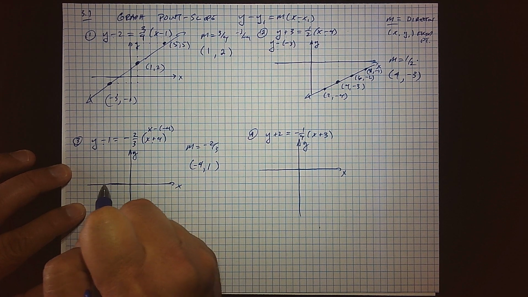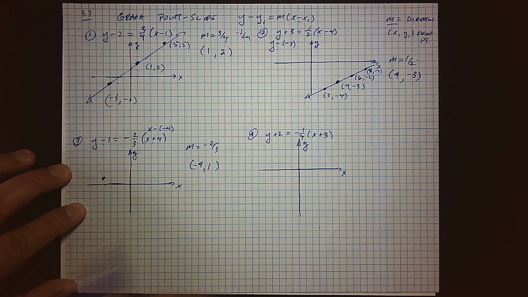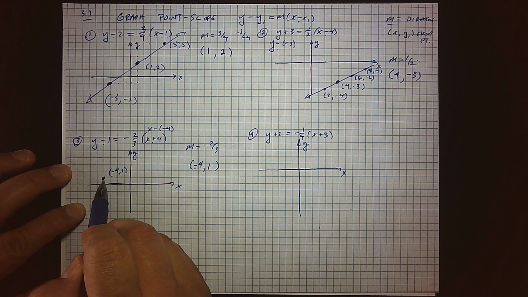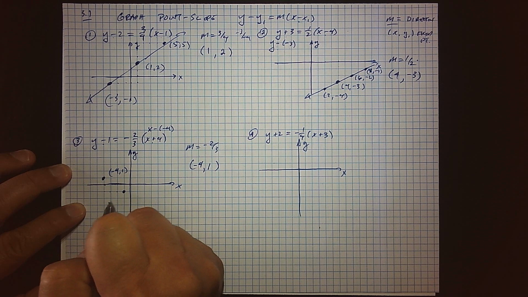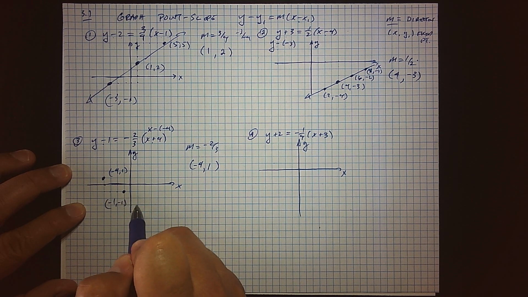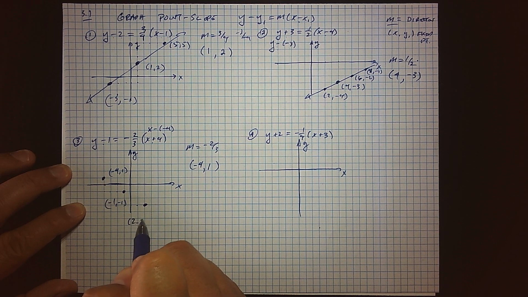So we'll start by graphing my data point. There's (-4, 1). And then the slope's telling us to go down 2 and to the left 3. So it looks like I have (-1, -1) as another. Go down 2 and over 3. So it looks like what we have is (2, -3).